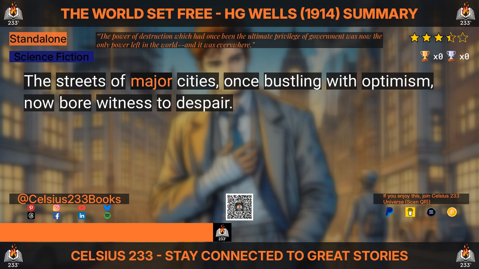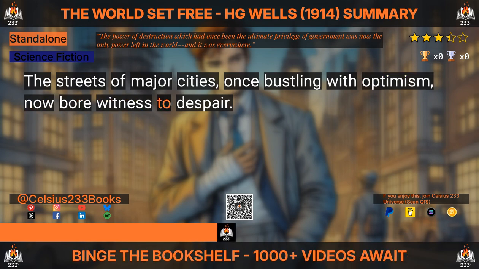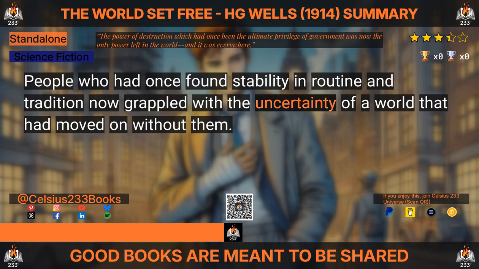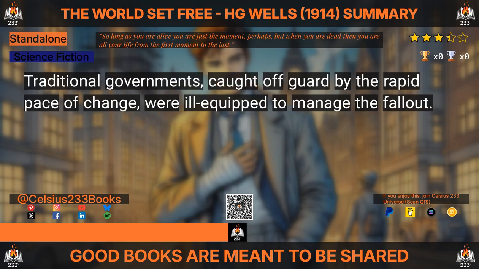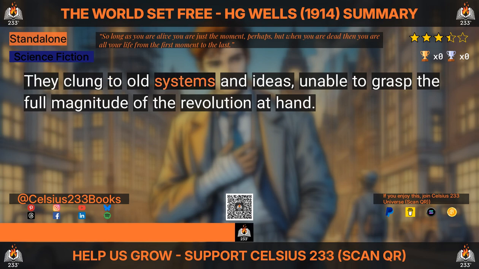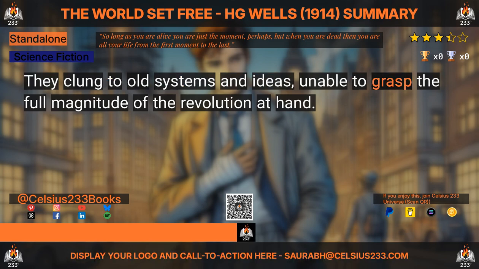The streets of major cities, once bustling with optimism, now bore witness to despair. People who had once found stability in routine and tradition now grappled with the uncertainty of a world that had moved on without them. Traditional governments, caught off guard by the rapid pace of change, were ill-equipped to manage the fallout. They clung to old systems and ideas, unable to grasp the full magnitude of the revolution at hand.